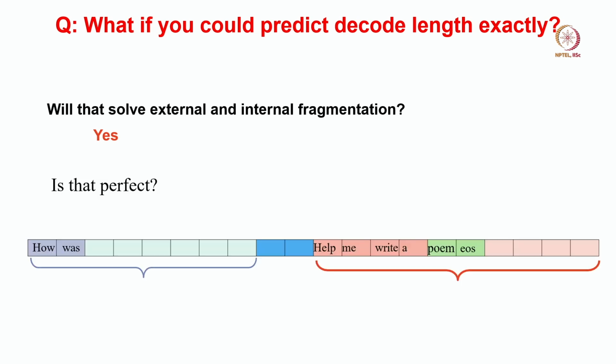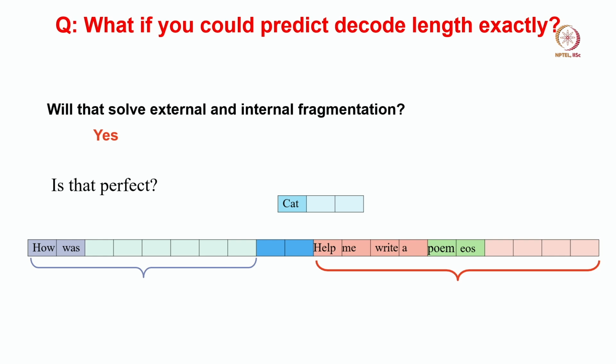So let us take one example. Let us say we have 2 prompts. Prompt 1 is "how was", and the second prompt is "help me write a", and then it generated 2 decoded tokens, one is "poem", another is end of sentence.